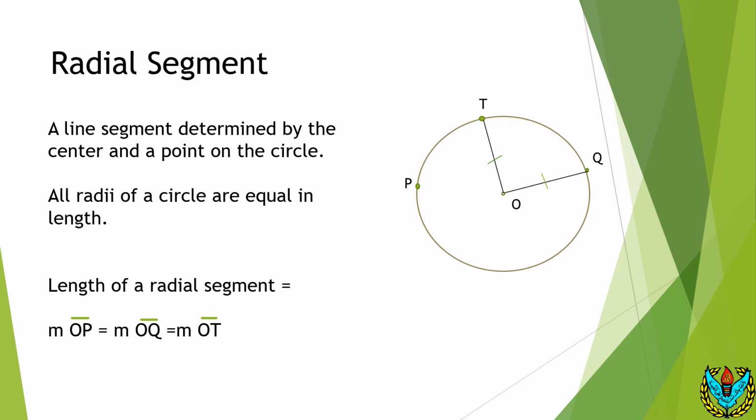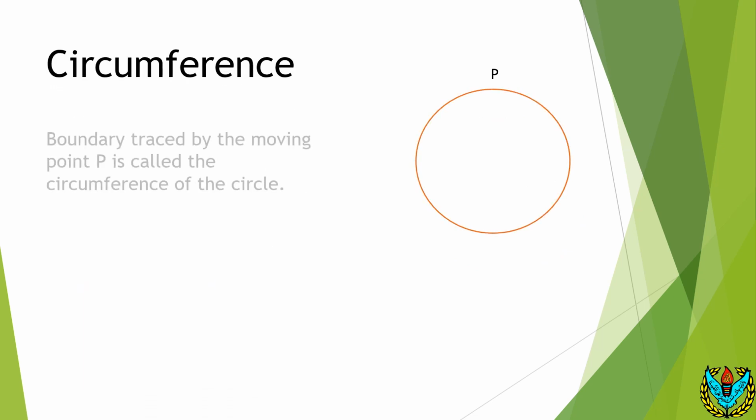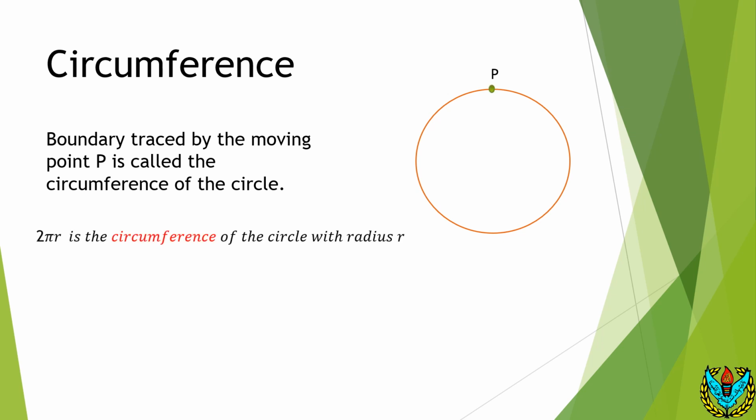We may say that measurement OP is equal to measurement OQ and measurement OT. All the points on the circumference of a circle are at equal distance from the center. The boundary traced by a moving point P is called the circumference of the circle. 2 pi r is the circumference of a circle with radius r.